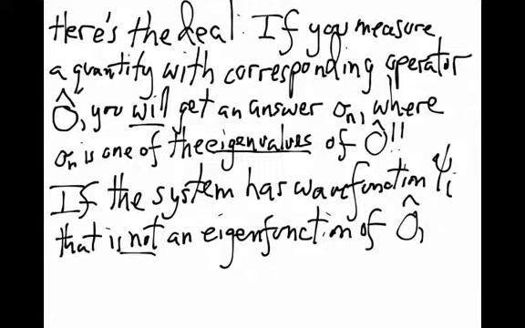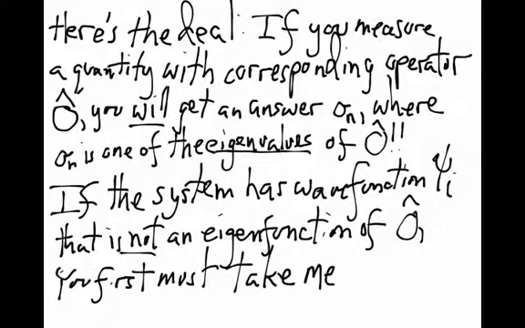But if psi is not an eigenfunction of the favorite ice cream operator O hat, then you have to do something. We've got to take matters into our own hands. We've got to take some measures.